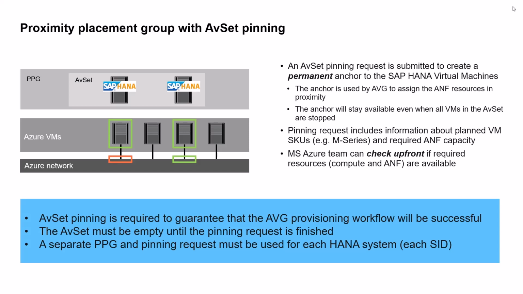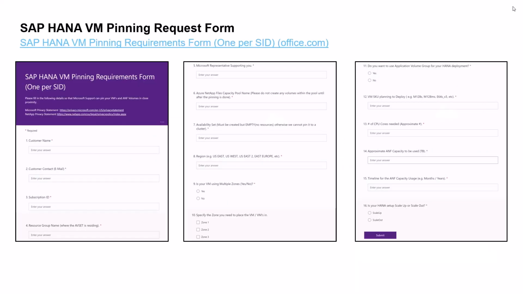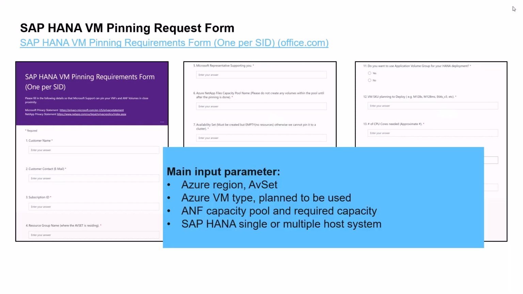The pinning request process has to be initiated for each HANA system. A HANA system can either be a single or a multiple host system. The HANA pinning request form is available online. The main input parameters cover availability set and VM type information, as well as information about the ANF environment.